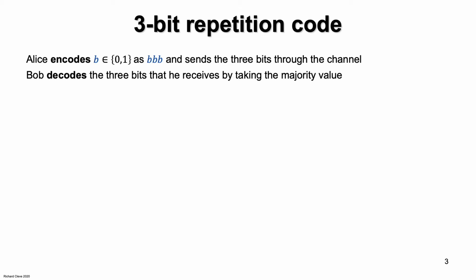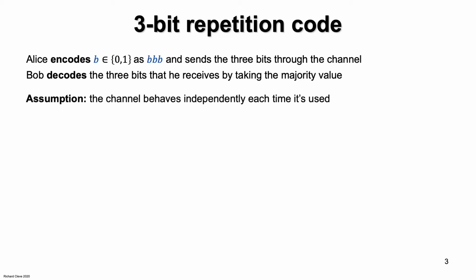How well does this perform? The system succeeds if no more than 1 bit is flipped, because that doesn't change the majority, and it fails if 2 or more bits are flipped. Assume that the channel behaves independently for each bit that passes through it.